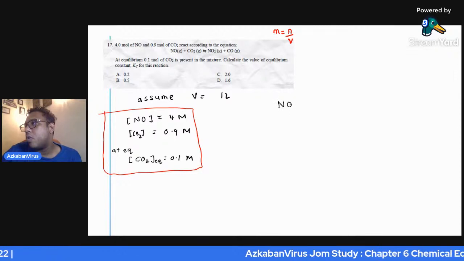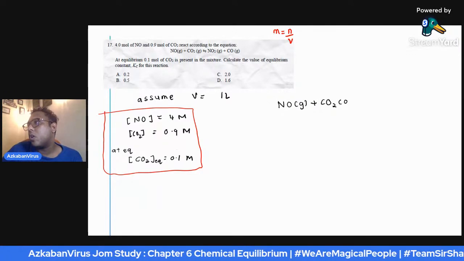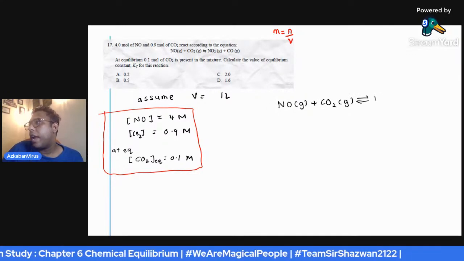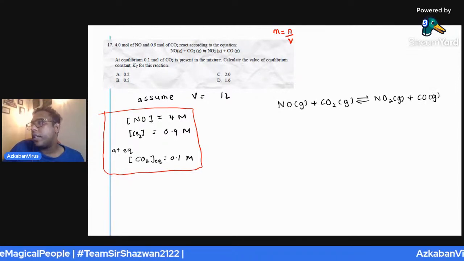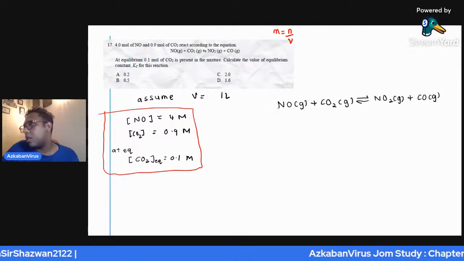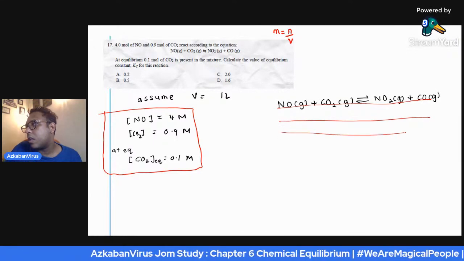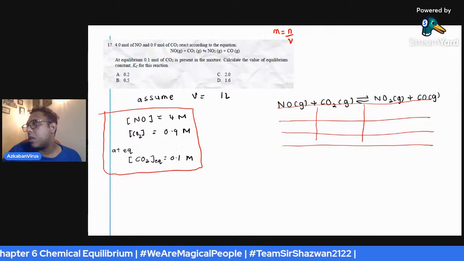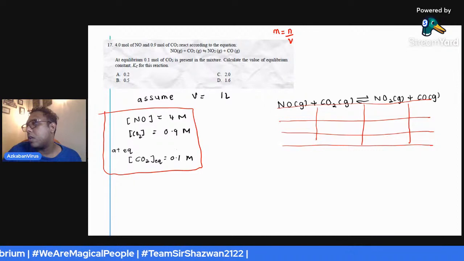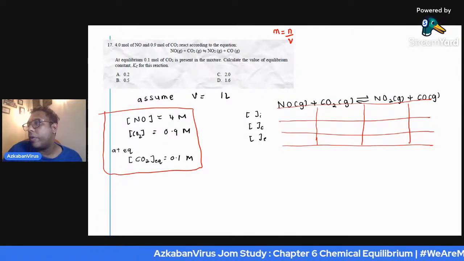We know that NO plus CO2 dia akan menghasilkan NO2 plus CO. We know that initial, change, equilibrium.